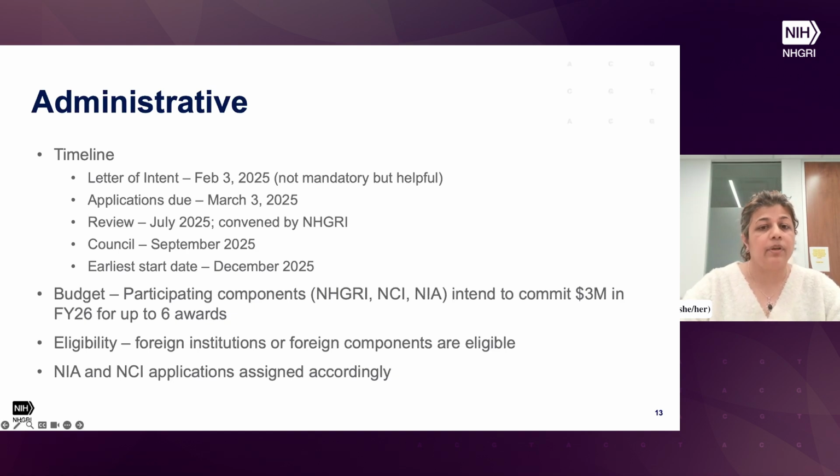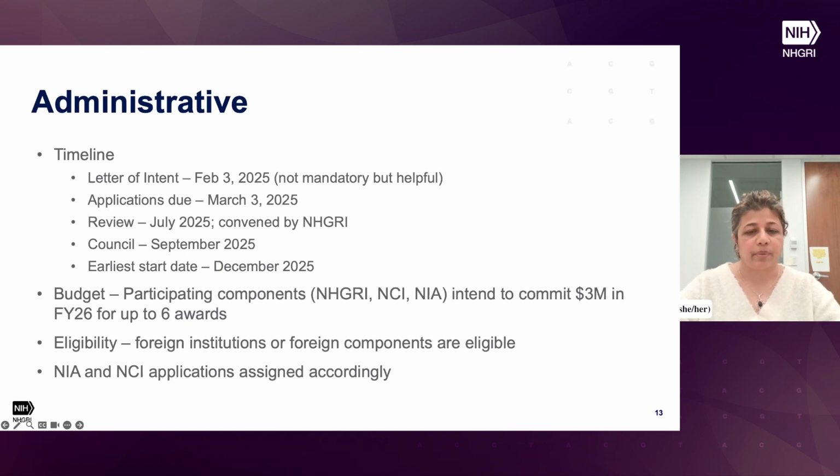As Ian mentioned before, applications for this NOFO are due March 3rd as well. The review will be sometime in June or July of 2025, convened by NHGRI. It'll go to our council in September 2025, and the early start date would be December 2025.